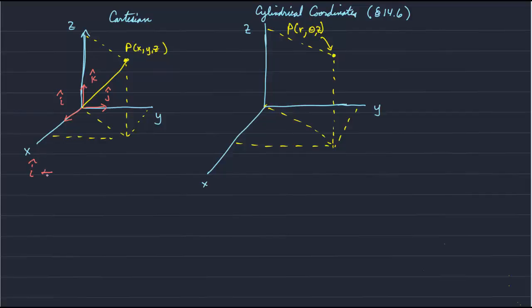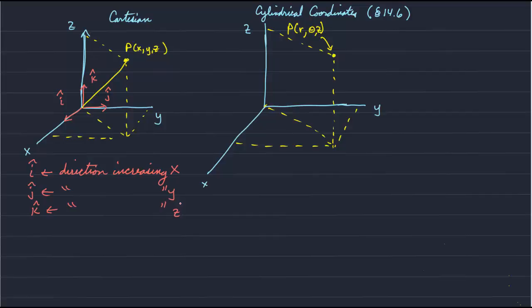So i hat gave the direction of increasing x. j hat gave the direction of increasing y, and k hat gave the direction of increasing z.